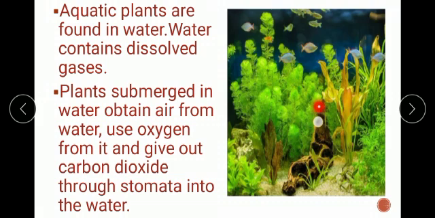As you know, water contains dissolved gases, and the plants that are submerged in water obtain air from water. Plants use oxygen from water and give out carbon dioxide through stomata into the water.